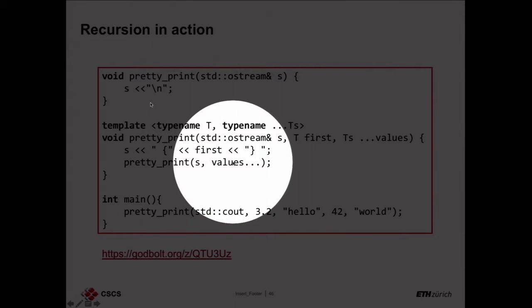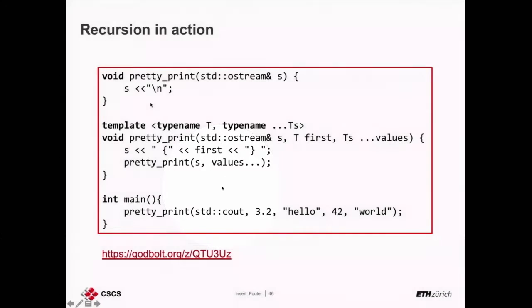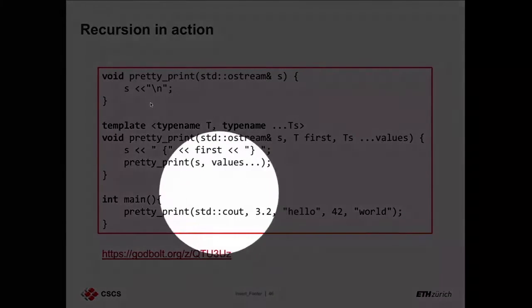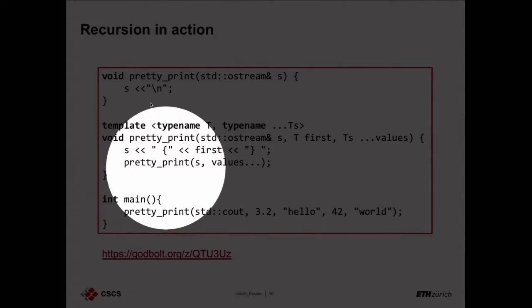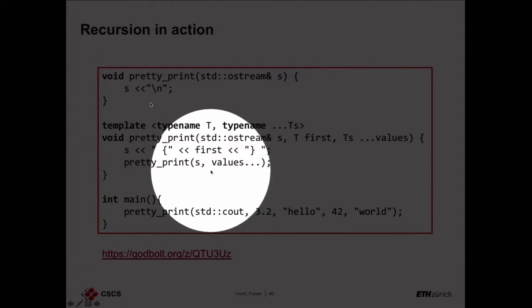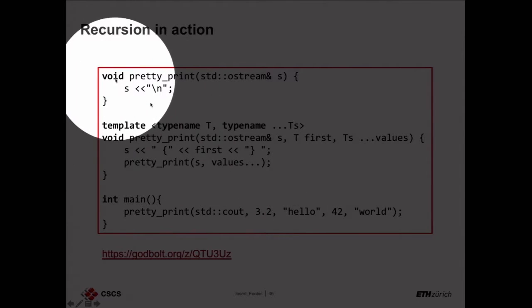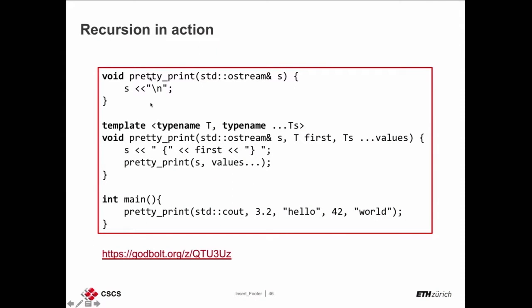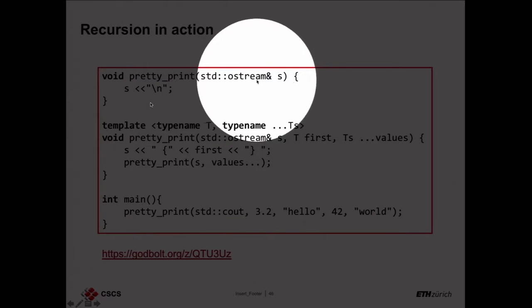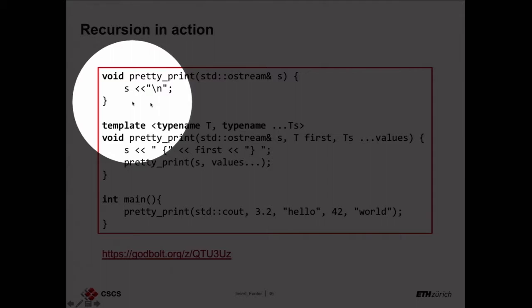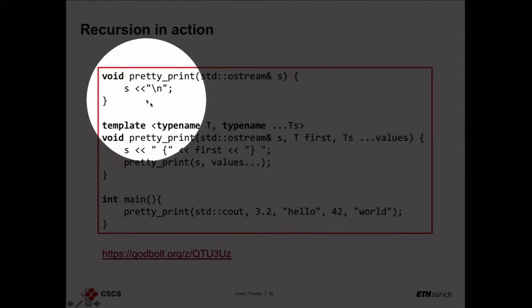Now, it's not recursion in the regular sense, because this will generate another function with a different template list. And at the end, if I don't have any arguments, I just call pretty print only with my stream, and I print a new line.